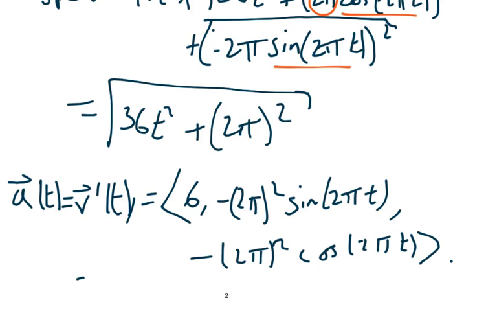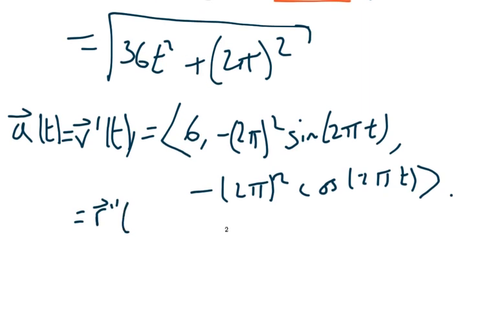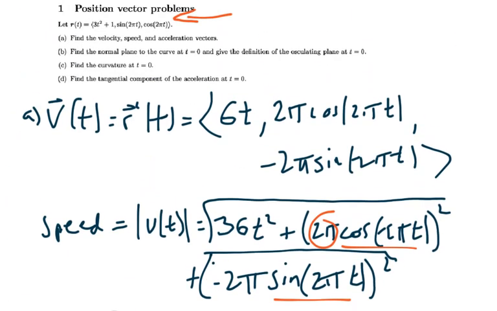You can also note that this is equal to r double prime of t, which we'll use in a minute. Okay, so we have part A done.